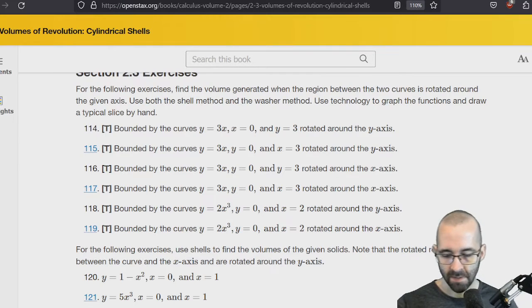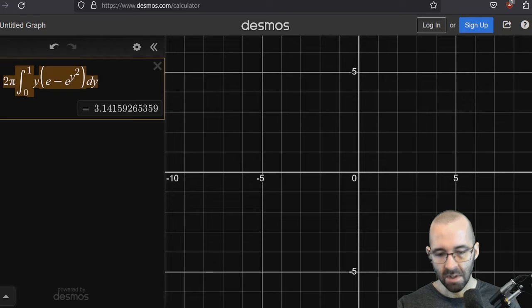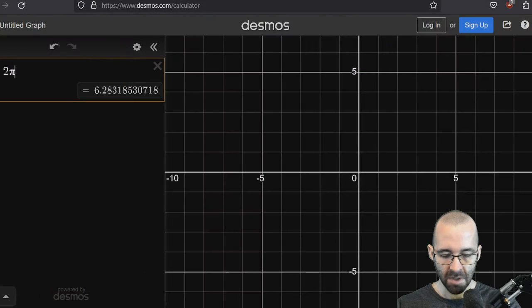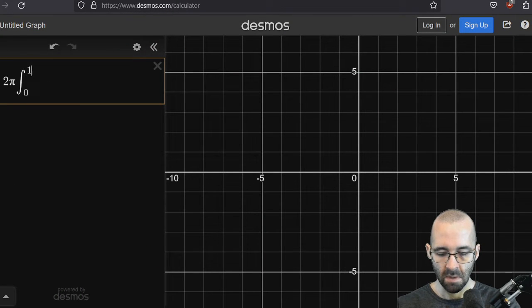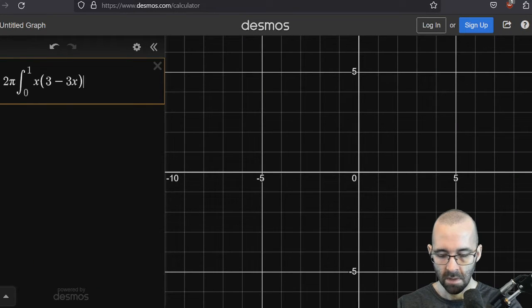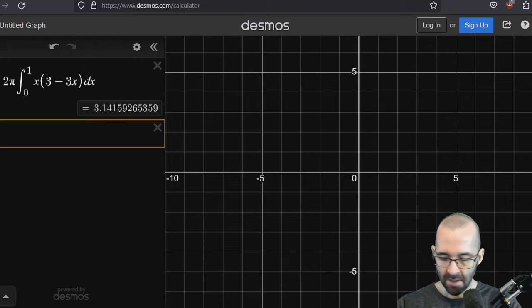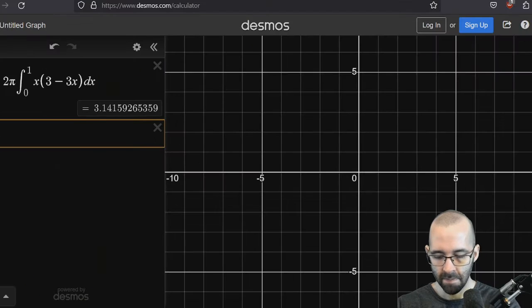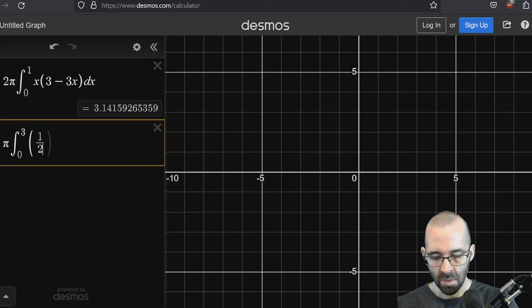I'll check my answer just to show off those good habits. 2 pi integral from 0 to 1 of x times 3 minus 3x dx, and the other one is pi times integral from 0 to 3 of just 1/2 y squared dy, right?